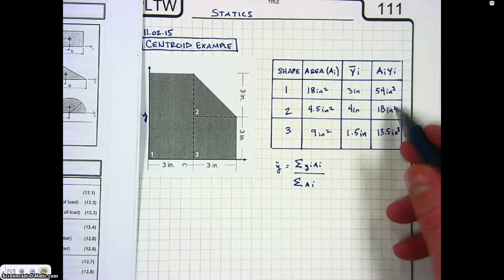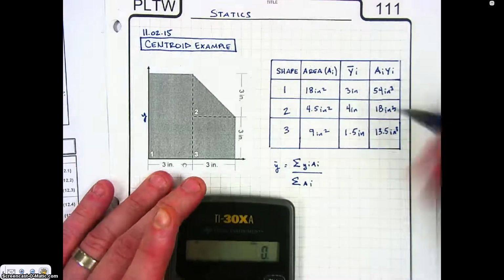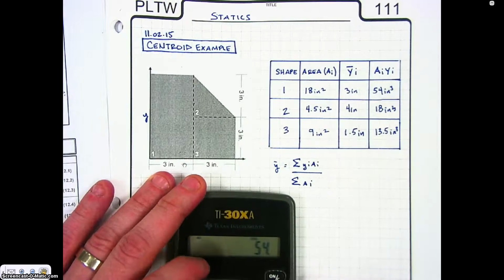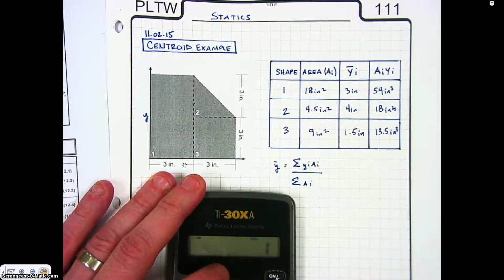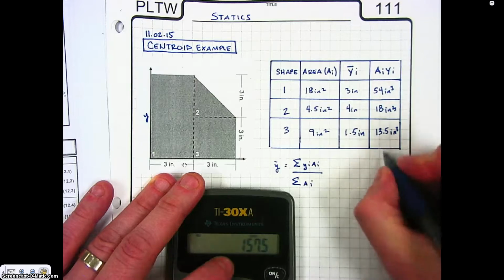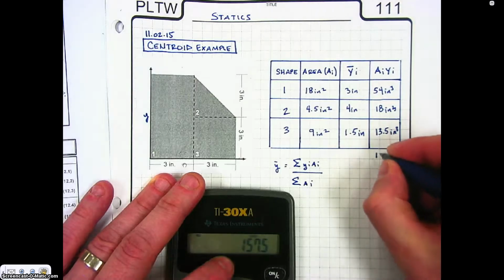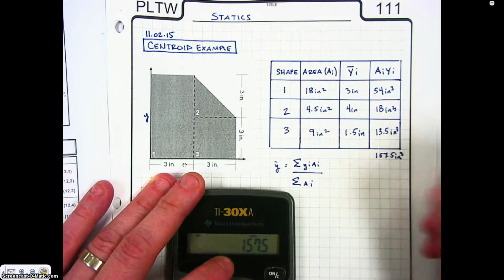So if I take these numbers right here and I add up 54 plus 18 plus 13.5, I get 157.5 inches cubed.